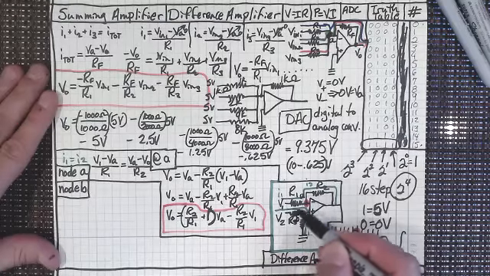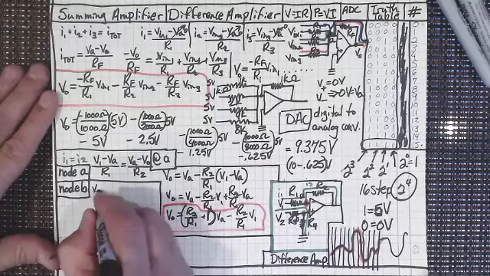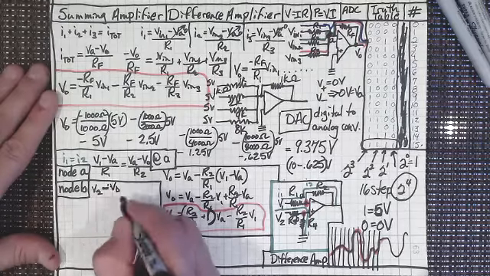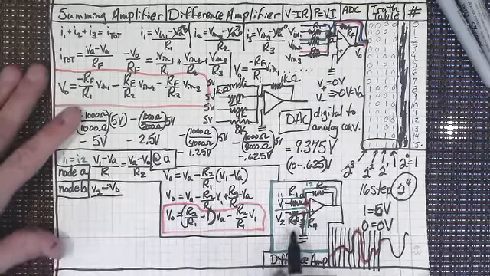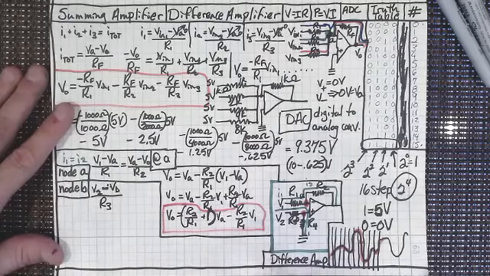I3 equals I4. So that's V2 minus V sub B divided by R3, right?